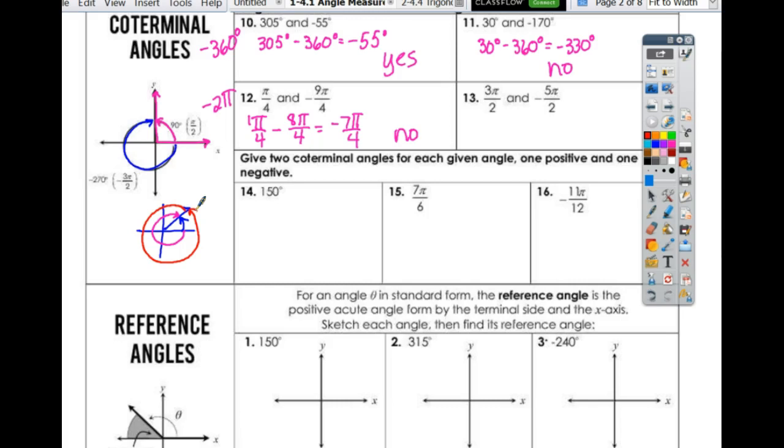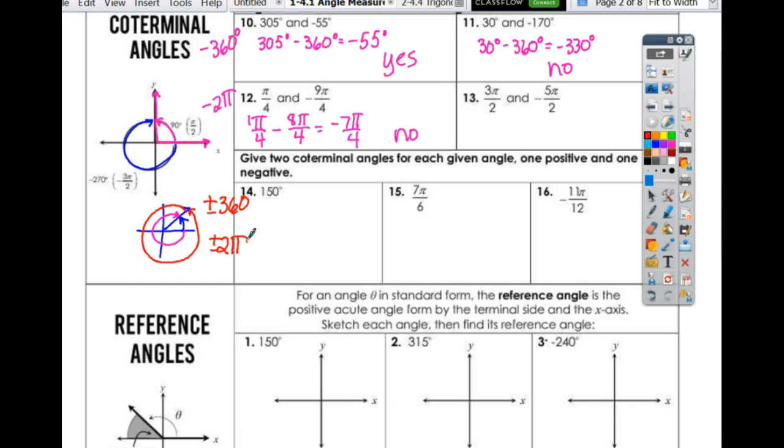It did. So here, I'm going to add and subtract 360 or add and subtract 2 pi, depending on if it's in radians or degrees. So degrees to radians, it's going to be pi over 180 or 180 over pi. The quadrantal was all of the 90s. And the coterminal, it's plus or minus 2 pi or plus or minus 360.